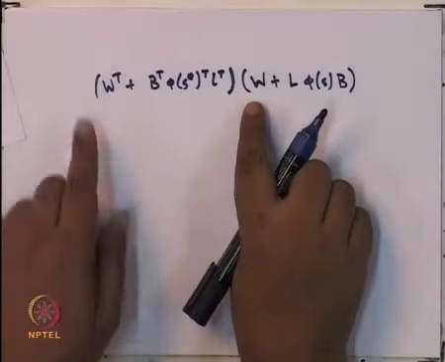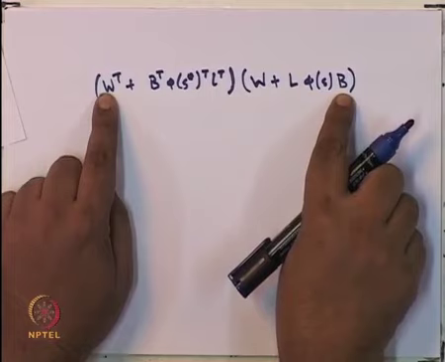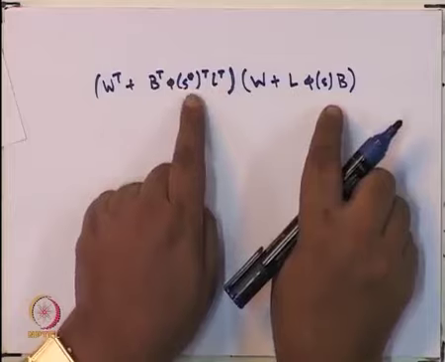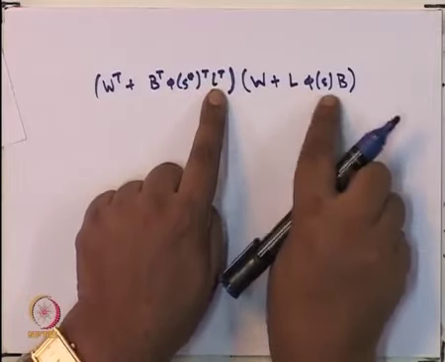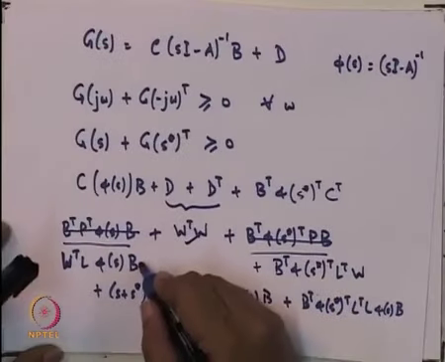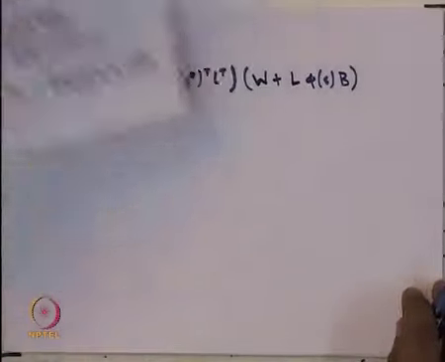If you multiply this out, you will get W transpose W, W transpose L phi S B, B transpose phi S star L transpose W, and then B transpose phi S star L transpose L phi S B. So you would have got these 4 terms.